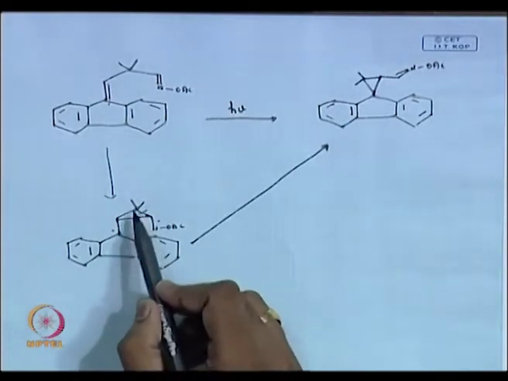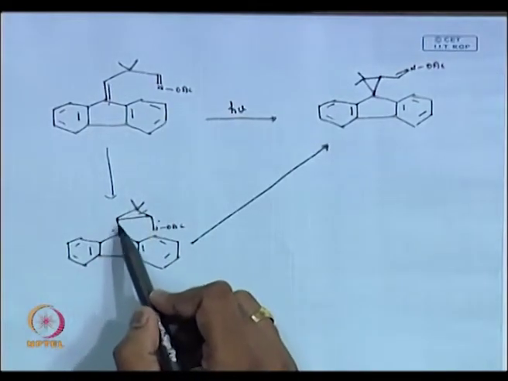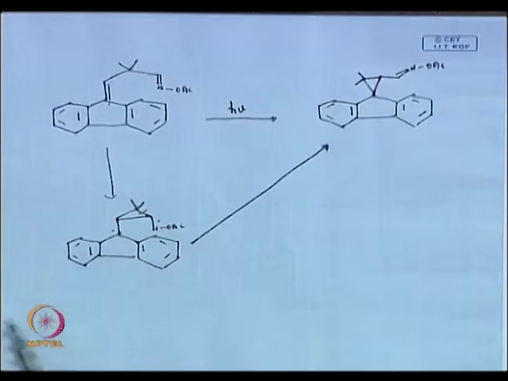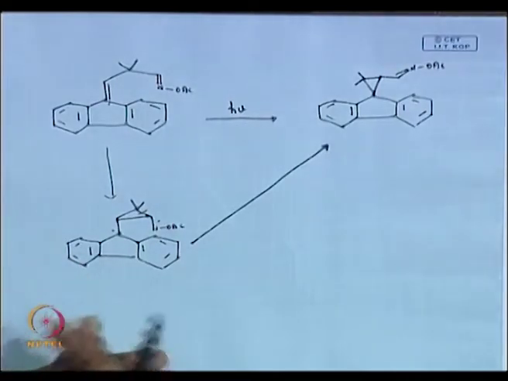Because once you cleave this, you can make a cyclopropane here with your imine. Fine. This is the aza-di-pi-methane rearrangement.